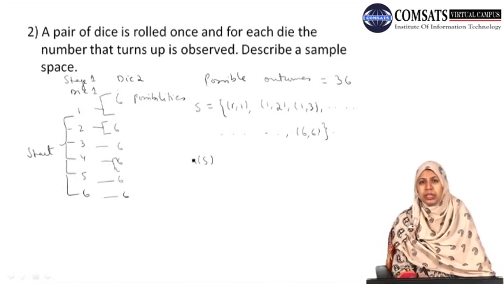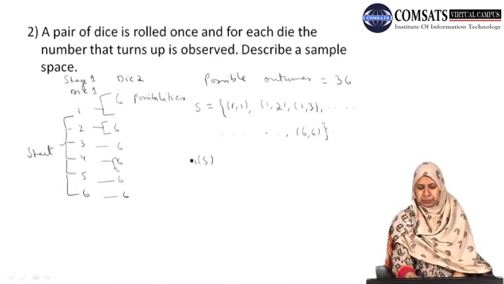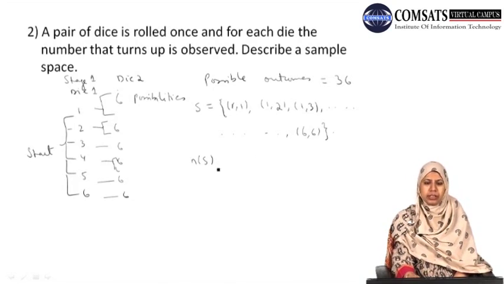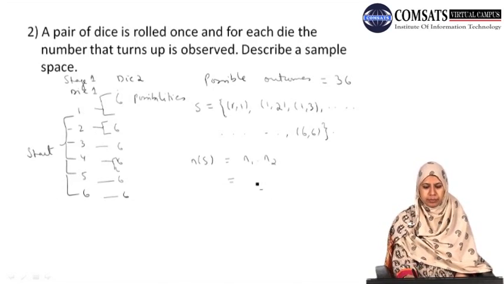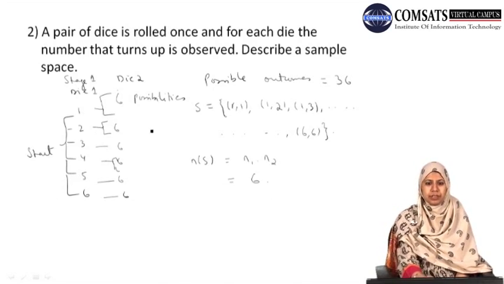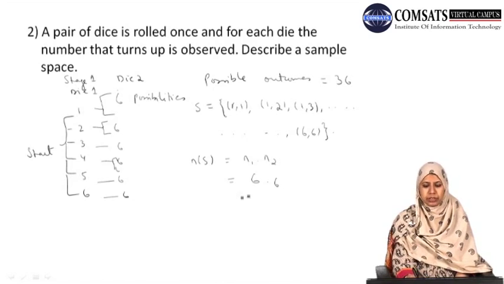So by knowing our basic counting principle, by using this principle, we will find the size of our sample space, which is the product of the possible outcomes of the first stage and of the second stage. So at the first stage we have 6 possible outcomes, and at the second stage we have again 6 possible outcomes.